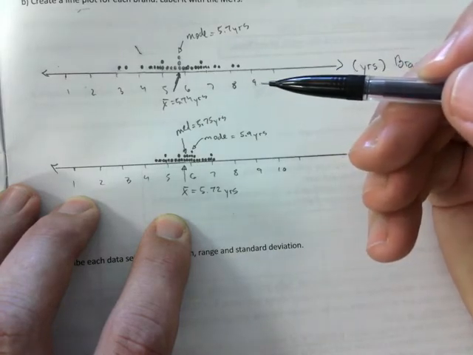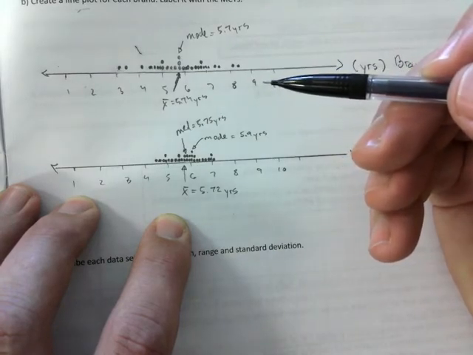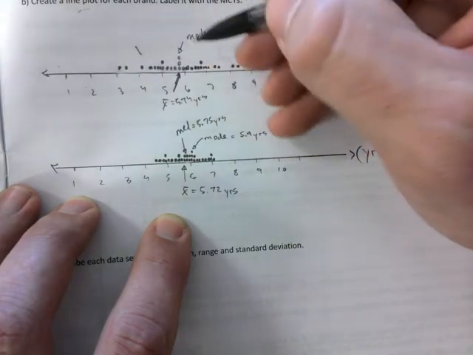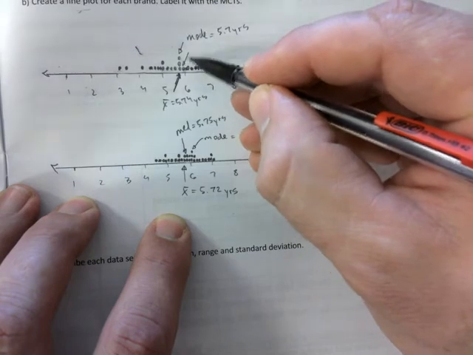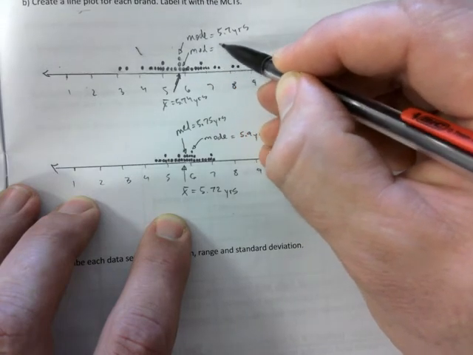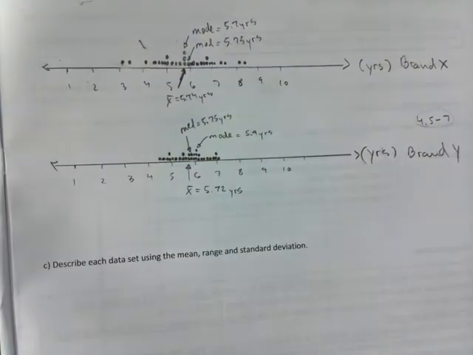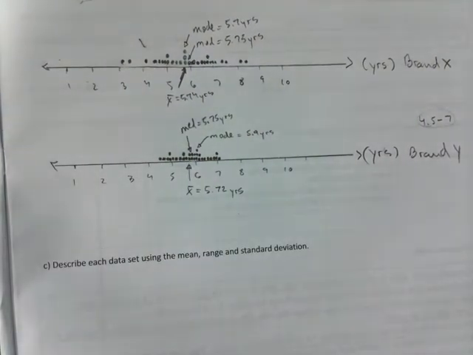And the median is 5.75. So somewhere in there is your median of 5.75 years. Everything is pretty close together as well in terms of the mean, median, and mode. But that would be a complete line plot for both of them.